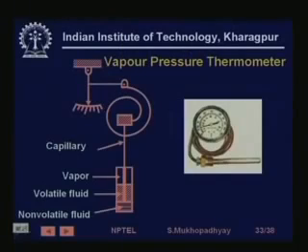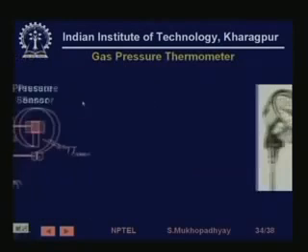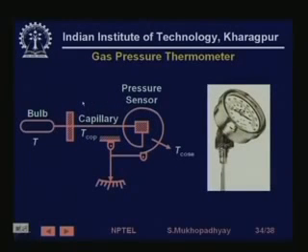Similarly, you can have gas expansion and vapor expansion thermometers. This relies on the fact that the vapor pressure of a liquid depends on the temperature. So this pressure is actually sensed by a pressure sensing device. In this case, we have shown a capillary and then a Bourdon gauge kind of thing. As this vapor pressure increases, this spring will turn, and then that will create an indication.